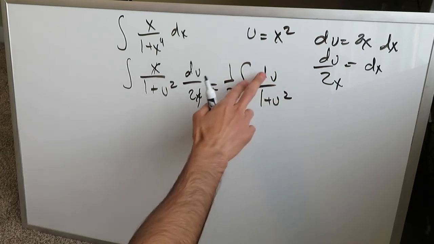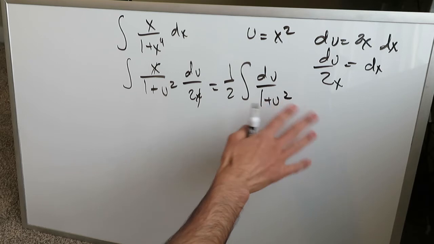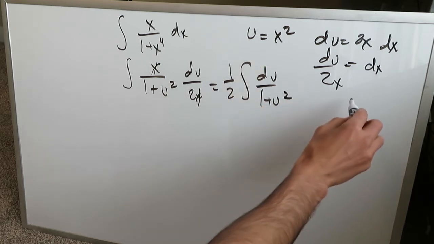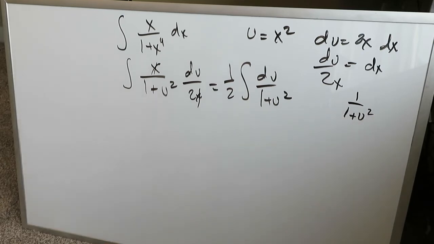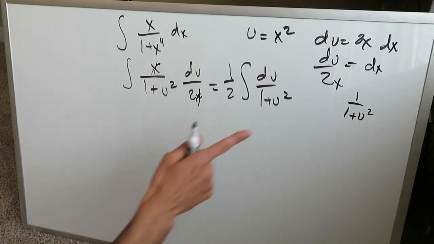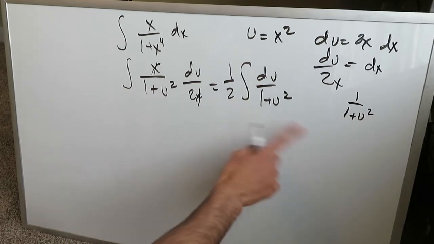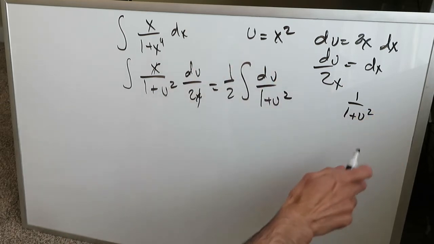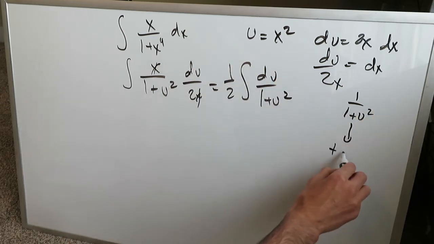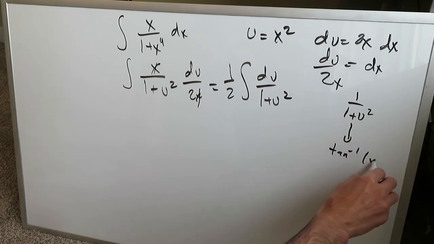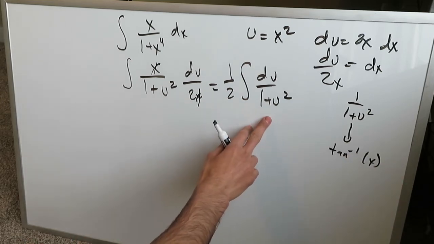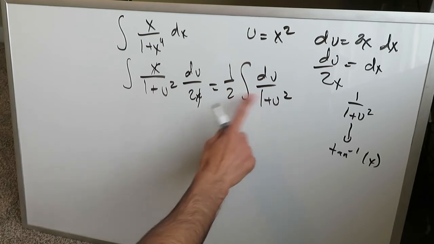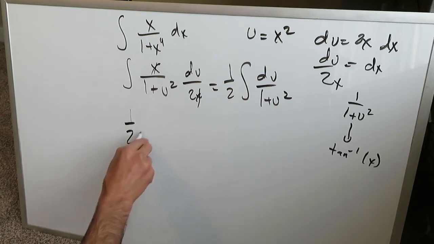Like I said previously, it could have been 1 plus u squared, t squared, x squared, whatever. So long as it has the appearance of 1 over 1 plus some variable squared, you can be thinking about that arctangent. When you see something automatically like this and you have to do the integration, you jump to that conclusion I've told you, that it's equal to tan to the minus 1 x, or you can say arctan x. So the antiderivative of this, or the integral of this, will give you 1 over 2.